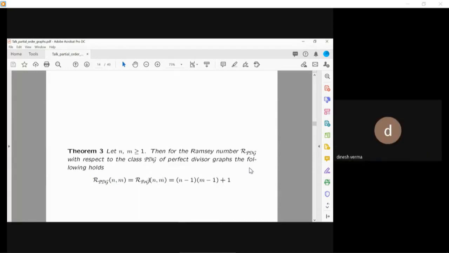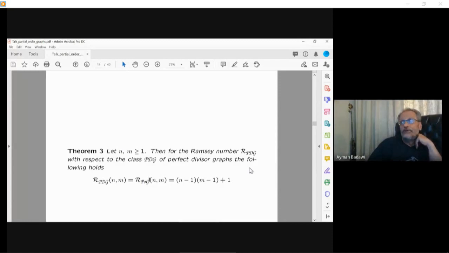Yes, but remember we calculated the Ramsey number considering all partial order graphs. Here I'm talking about the Ramsey number for this specific graph. Many times, when you do the specific one, maybe you get a smaller number, but it turns out, no, for this particular one.